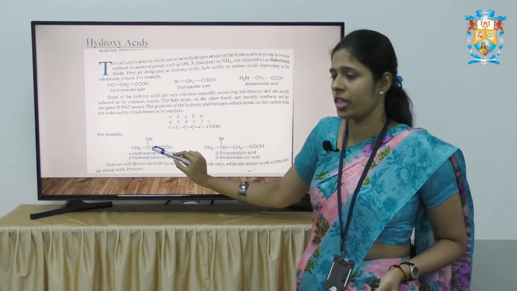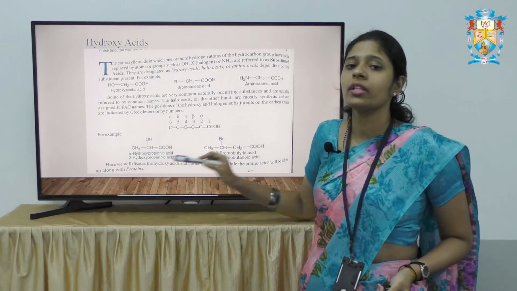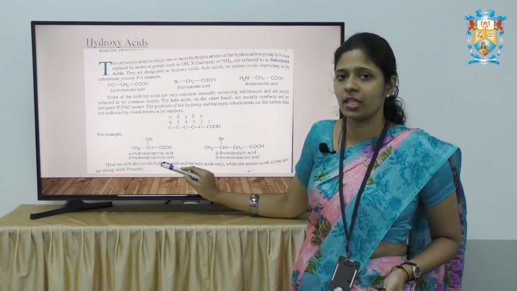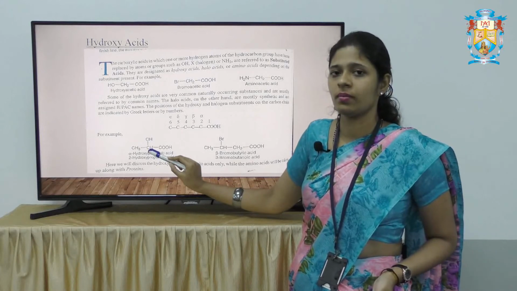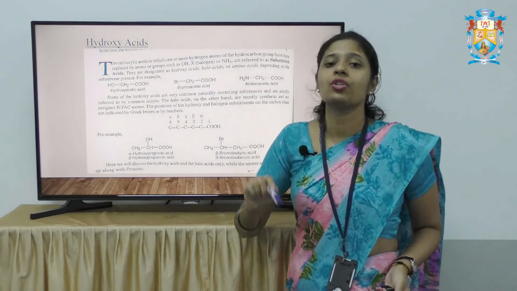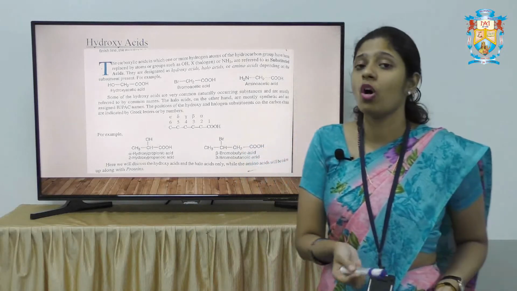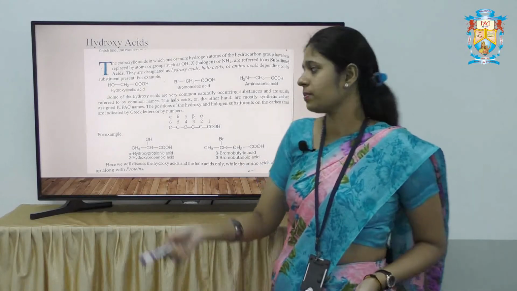Hence the name goes as alpha hydroxy propanoic acid, or there is another way to name it, that is 2 hydroxy propanoic acid, since the OH group is at the second position. So it can be named in 2 ways, that is 2 hydroxy propanoic acid, or alpha hydroxy propanoic acid.